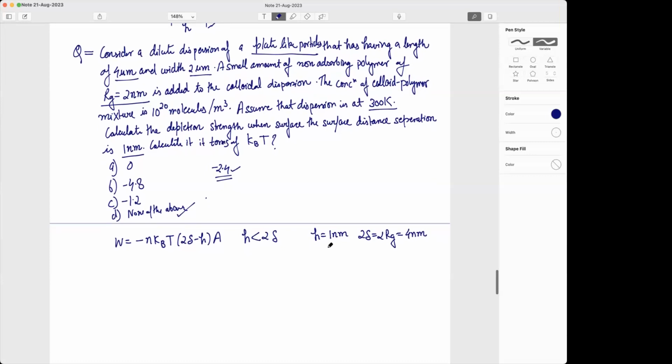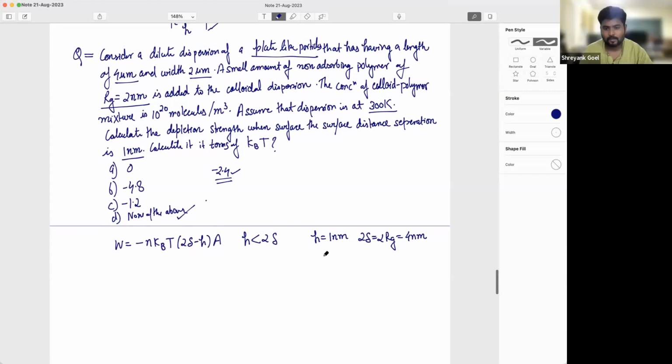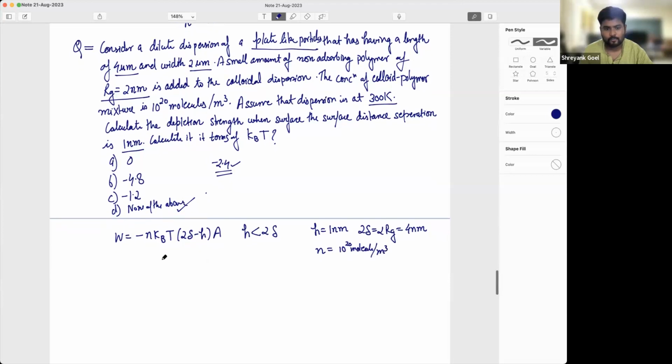Yes. And n is given as 20 molecules per meter cube.